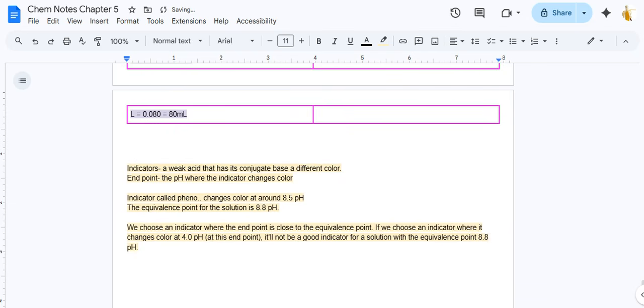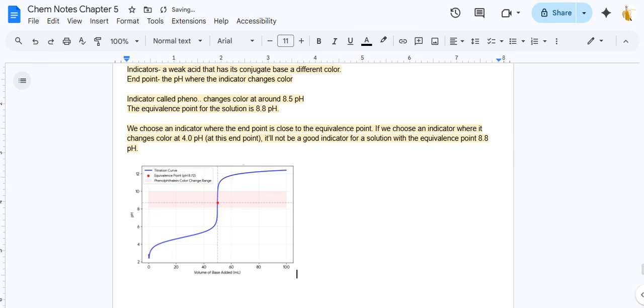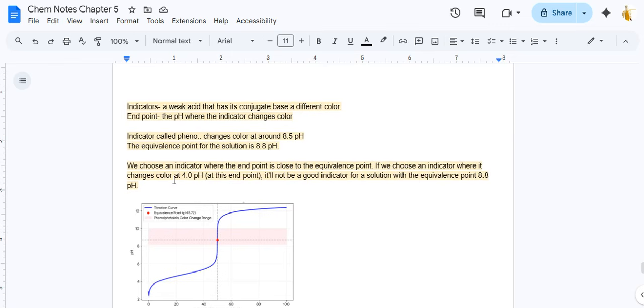I hope that makes sense. So if we choose the right indicator, this is how indicators help us determine an equivalence point.